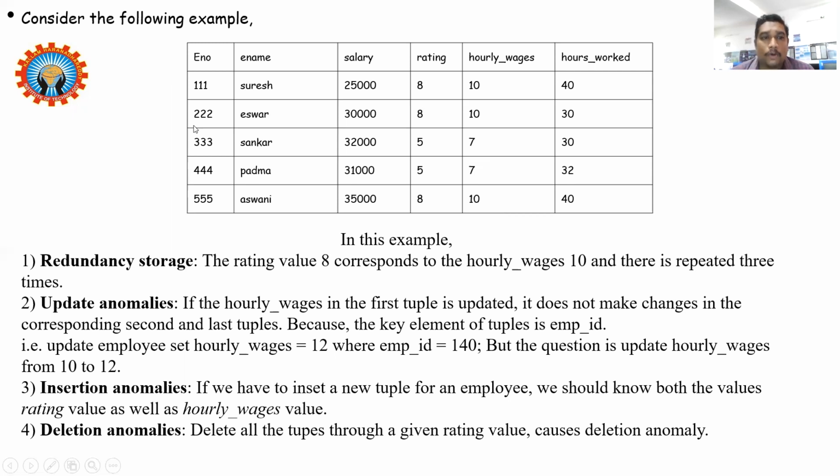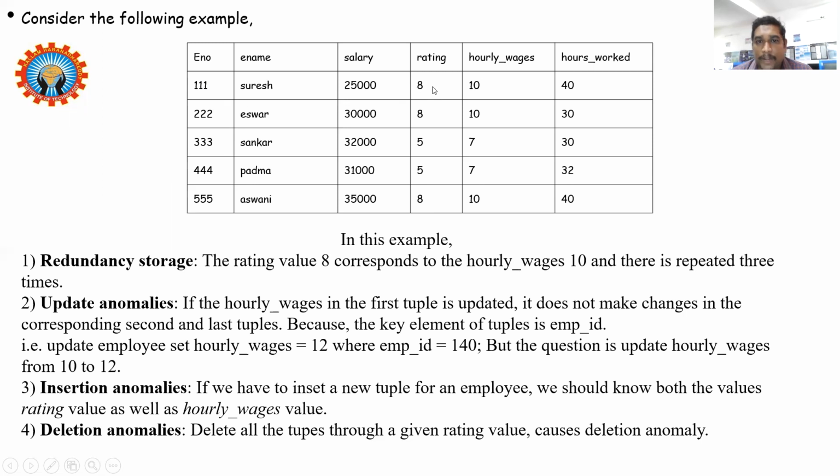So these two are the dependent attributes. Now, if I want to update a particular row of information, say triple one, and I change the rating, then automatically there is a change in the hourly wages also, because these are dependent. 8 and 10 are dependent.